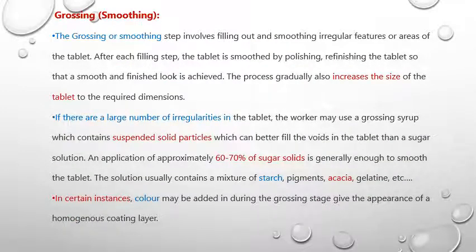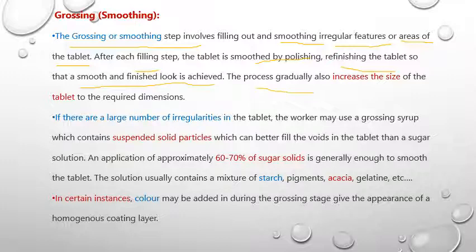Now glossing or smoothing. Glossing or smoothing is a step involving filling out and smoothing irregular features or areas of a tablet. After each filling step, the tablet is smoothened by polishing, refinishing the tablet so that a smooth and finished look is achieved.